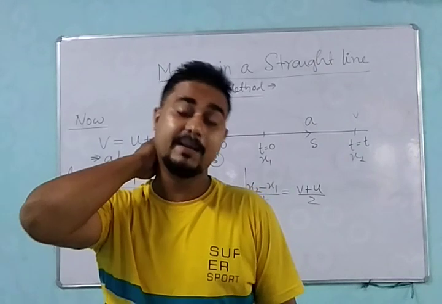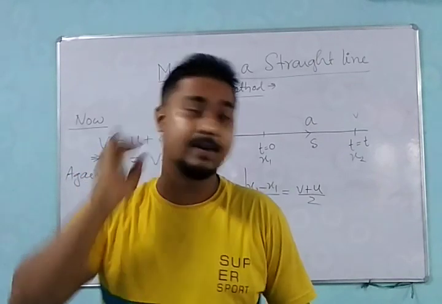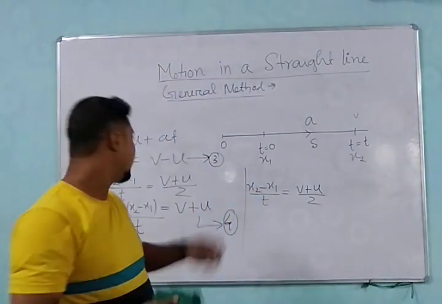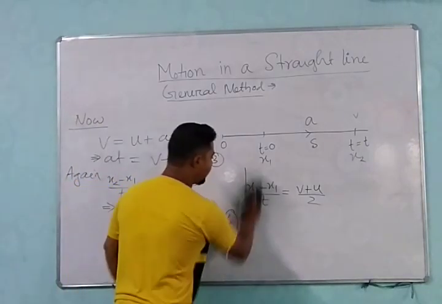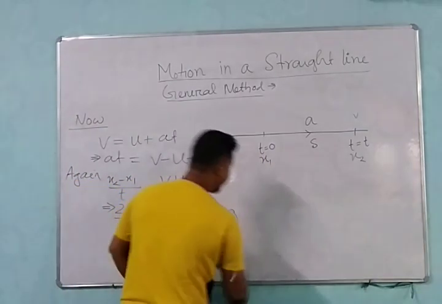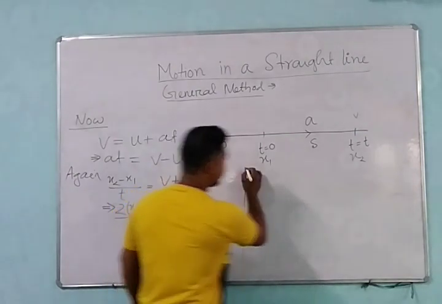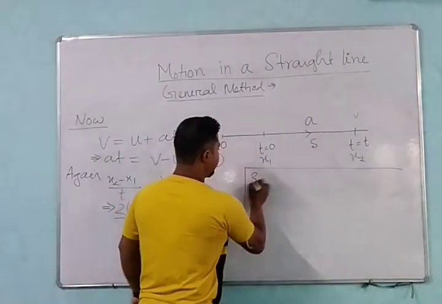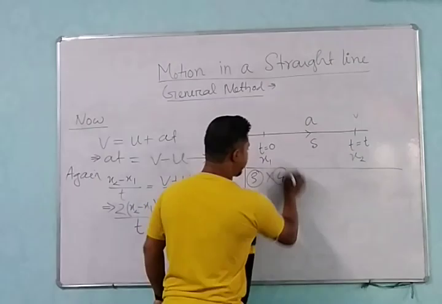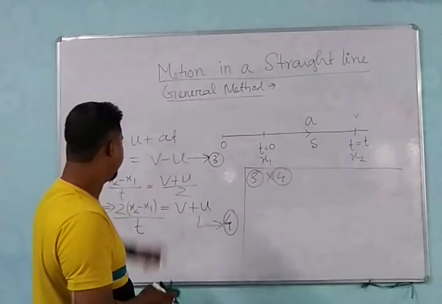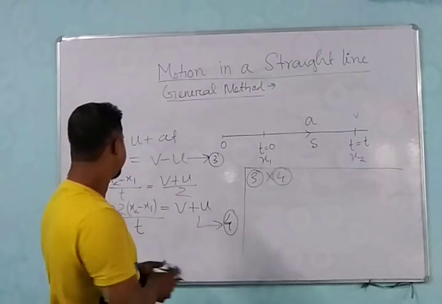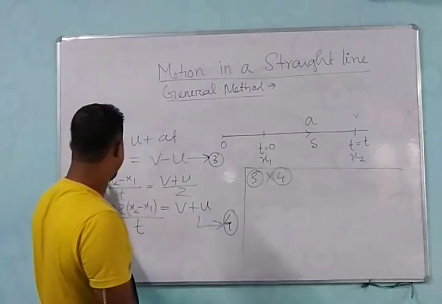Okay, in the same way, if we try to find out the equation, we multiply equation 3 and equation 4.